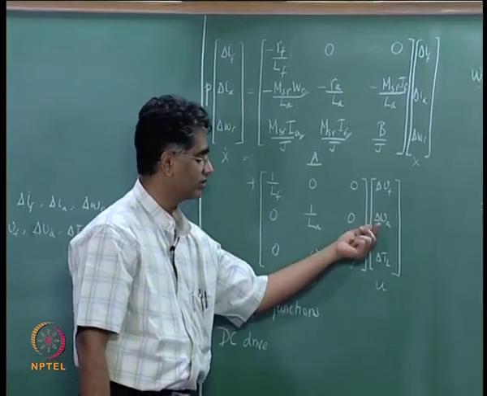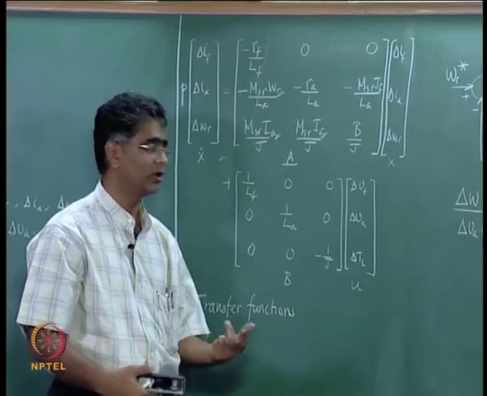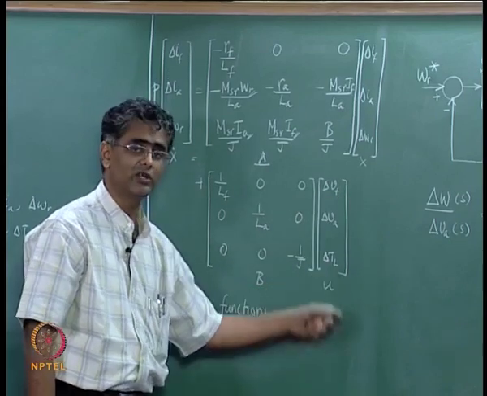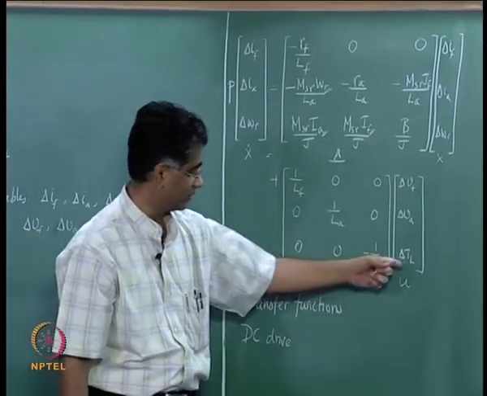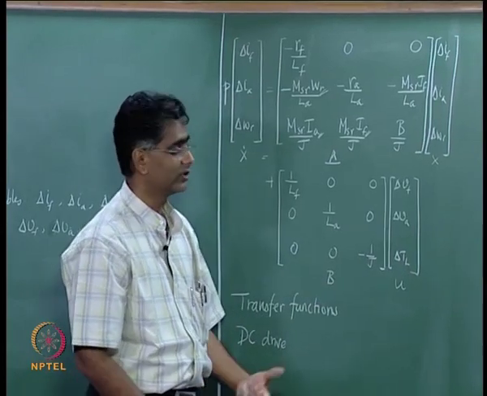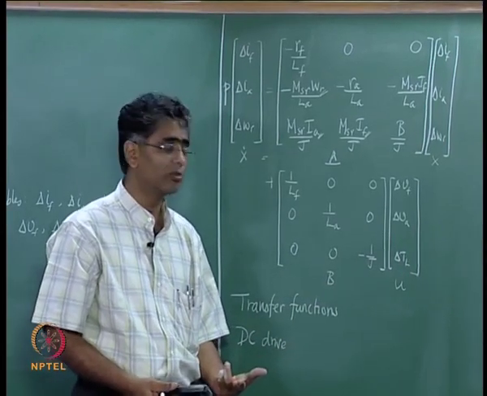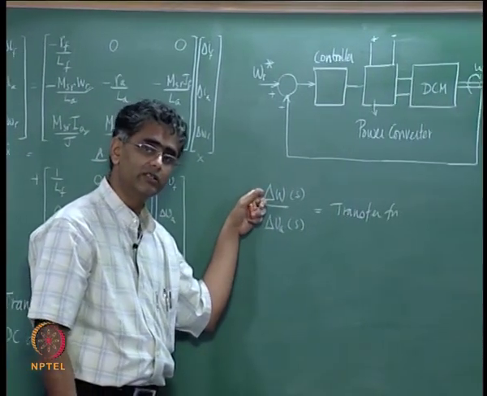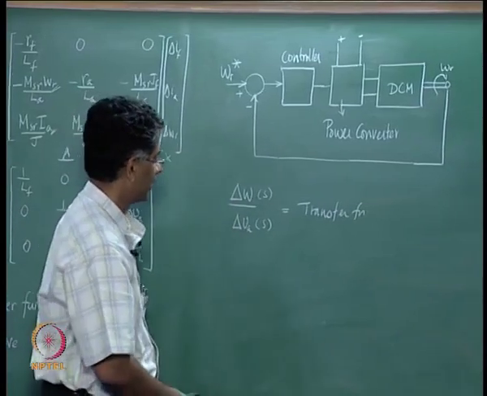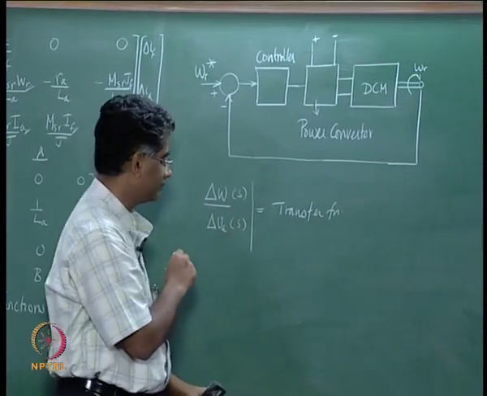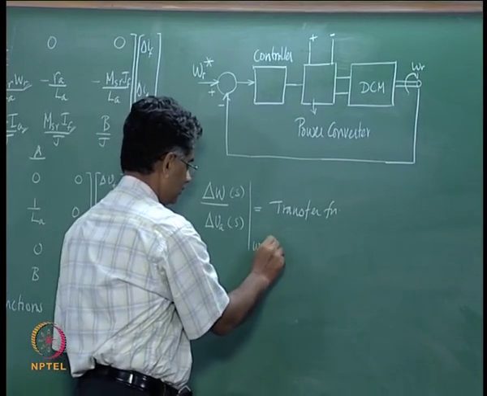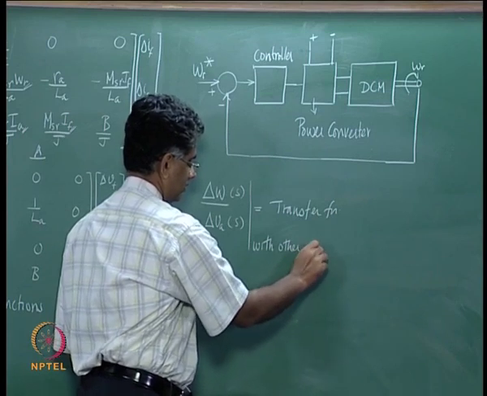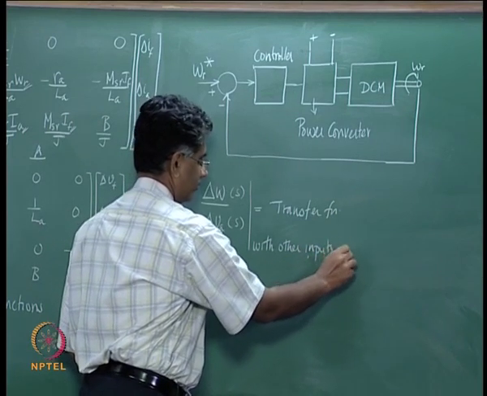Now this DC machine system has 3 inputs, delta VF, delta VA and delta TL. So when you are going to change delta VA, obviously the response will be different if there is at the same time some change in VF and some change in delta TL also. So how does one define how the machine output will change? For that you impose a restriction while defining the relationship between delta omega and delta VA, that this shall be evaluated with other inputs equal to 0.